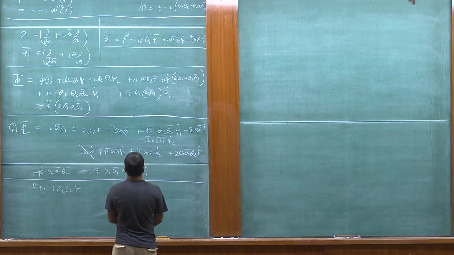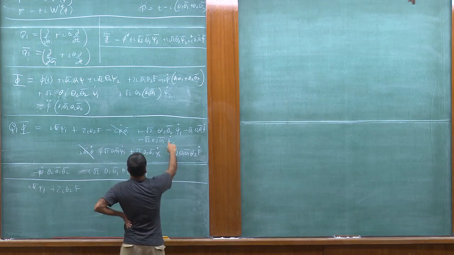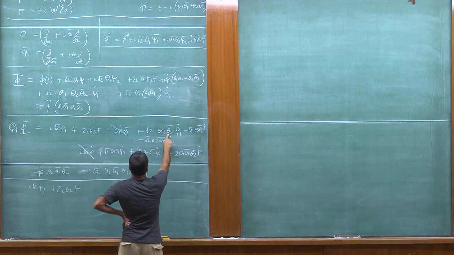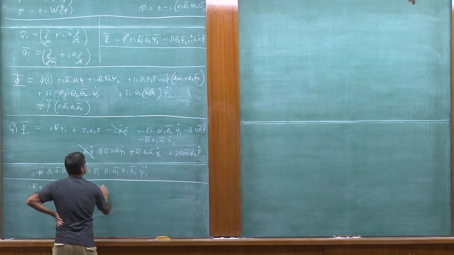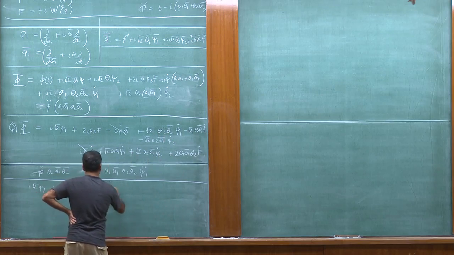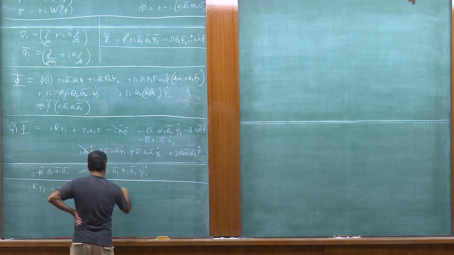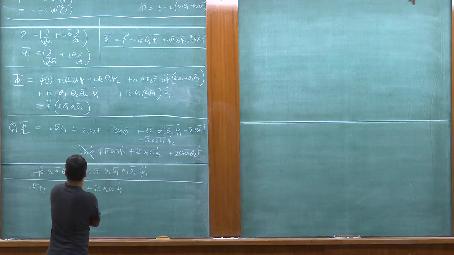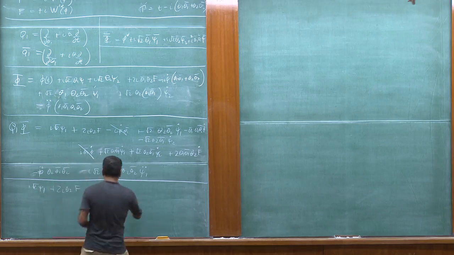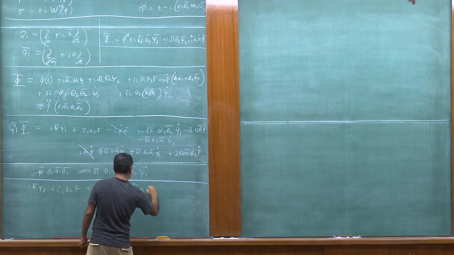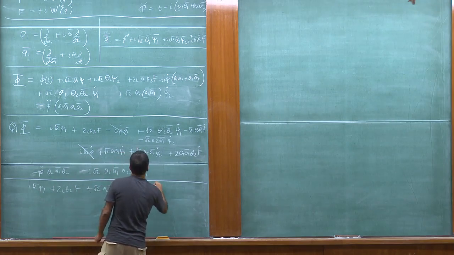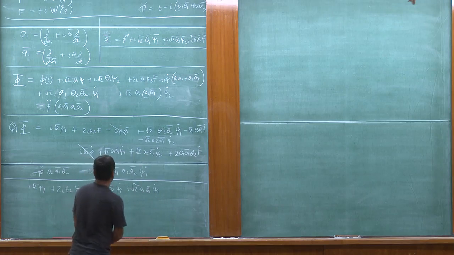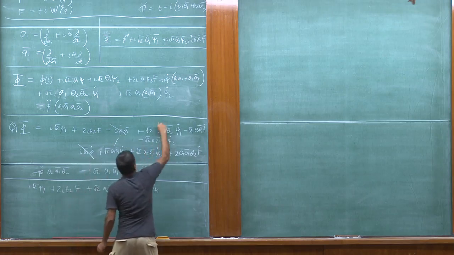Okay, let's see. Theta 2 plus square root 2 theta 2 bar psi 1 dot. And here, did I really get a theta 1 bar? I did, right? Yeah, that's fine. Okay, so plus square root 2 theta 1 bar psi 1 dot. Okay, so we've done this term, we've done this term.